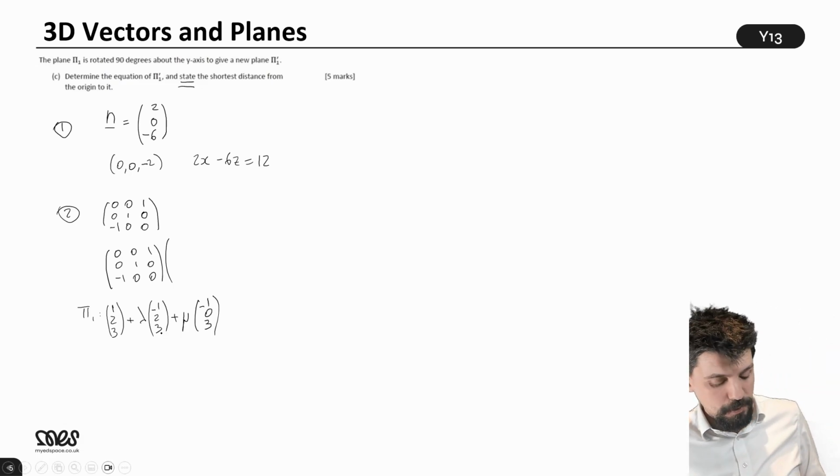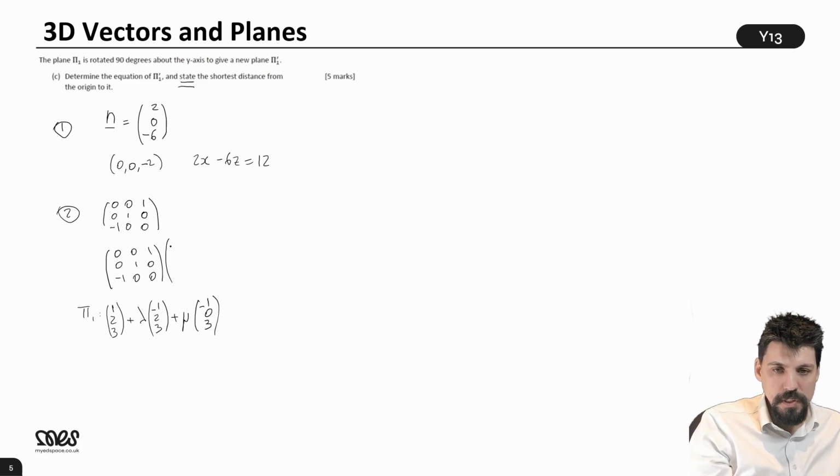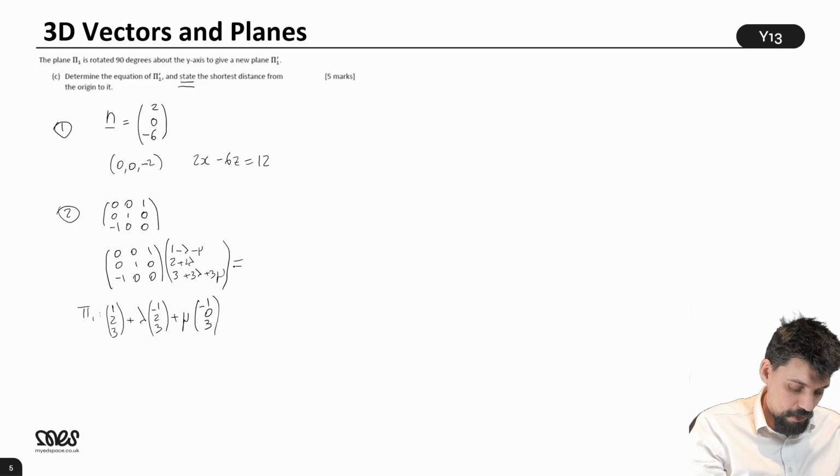Trying to keep on track of what I did earlier. So if we times this out, I get 1 minus lambda minus mu. I get 2 plus 2 lambda, and I get 3 plus 3 lambda plus 3 mu. If I do that, what do I end up with?